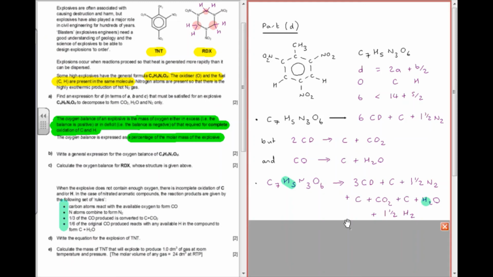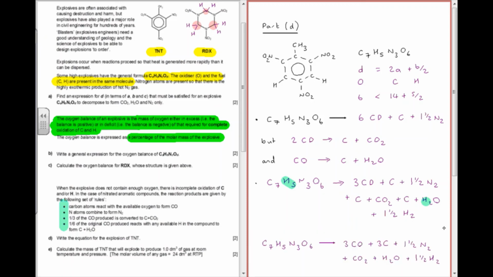And if we do that, we end up with the complete final equation for the explosion of TNT, as our C7H5N3O6 reacts to form 3 carbon monoxide, 3 carbon atoms, 1.5 nitrogens, 1 carbon dioxide molecule, 1 water molecule, and 1.5 molecules of hydrogen.